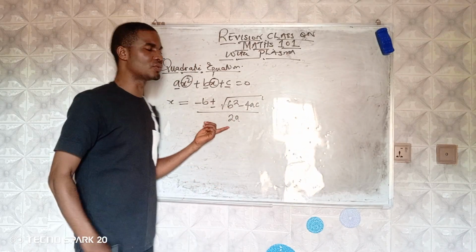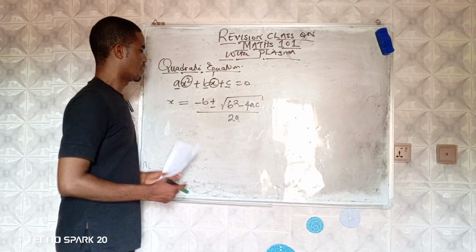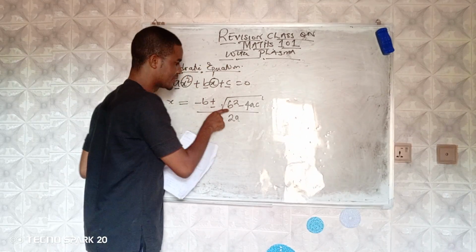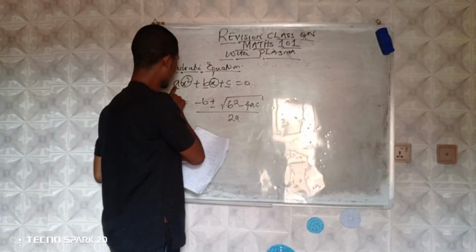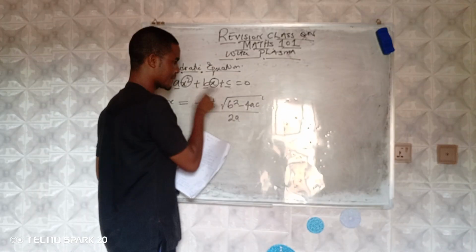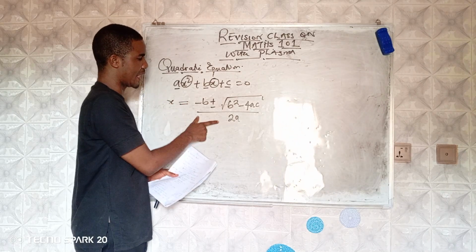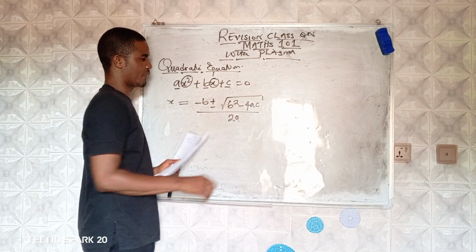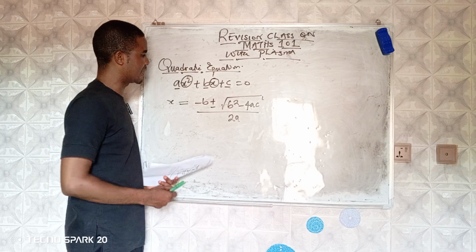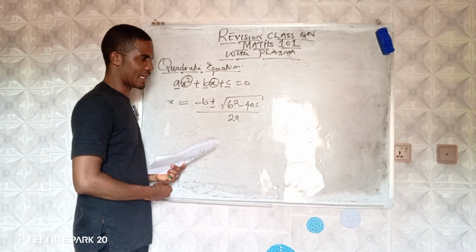This becomes the well-known formula method. In this place, the a is here, this b is this, c is this. So when you're given a quadratic equation and asked to factorize using the formula method, I believe you can be able to do that.